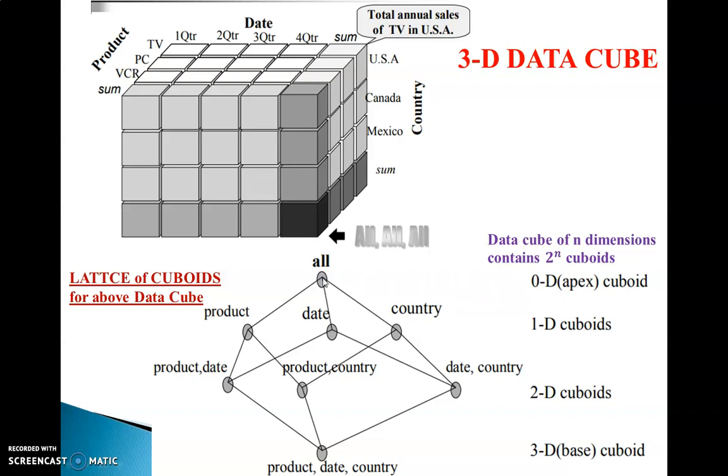Okay, this is the apex where all the three dimensions are met, which is always denoted as all, ALL. So this is zero dimension. Why zero dimension? Because it is a point. Okay, zero dimension. Then next is your one dimension.